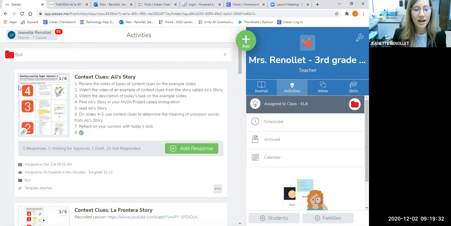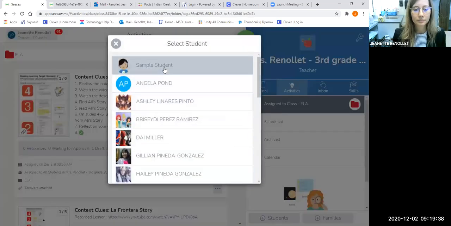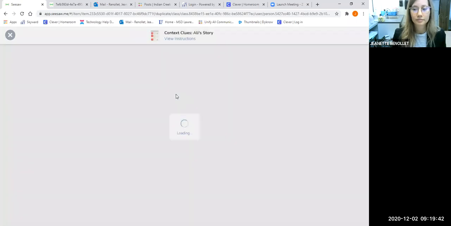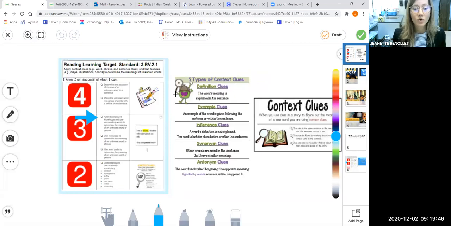When you find our text today, please open Slide 1 reminds us that we are working on applying our background knowledge and using other words in the text to help us determine the meaning of words we don't know.